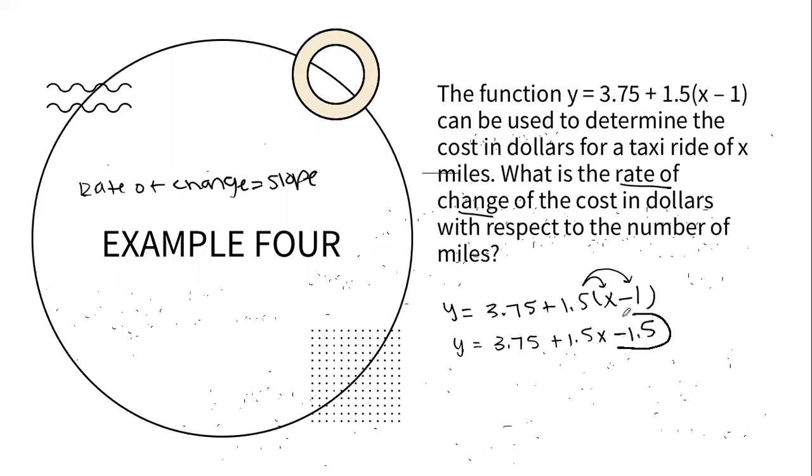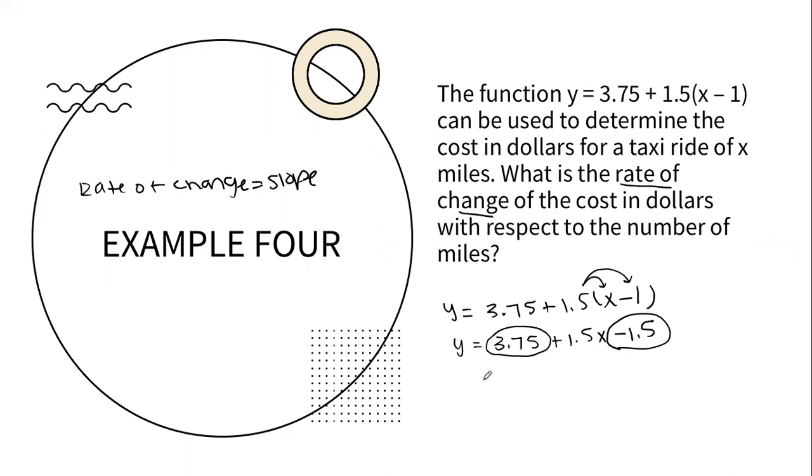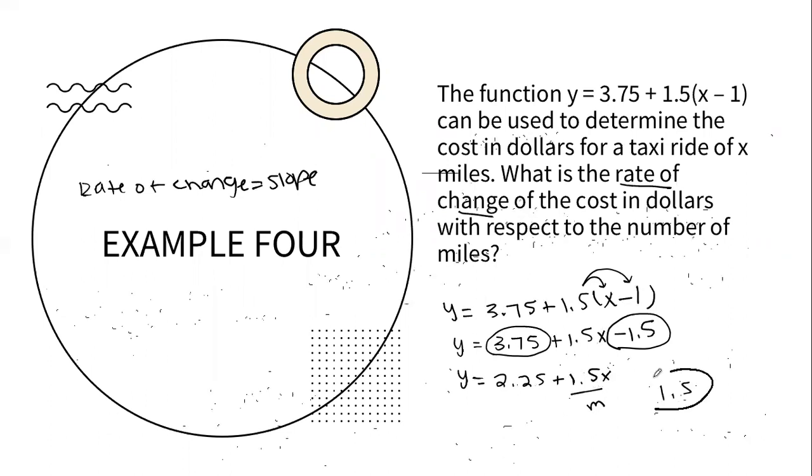Combine my like terms, minus 1.5 and 3.75. What would that be? 2.25 plus 1.5x. There's my slope. Here's my m. The coefficient of x is always my slope. So 1.5 would be the answer. Okay, so let's not overthink it.